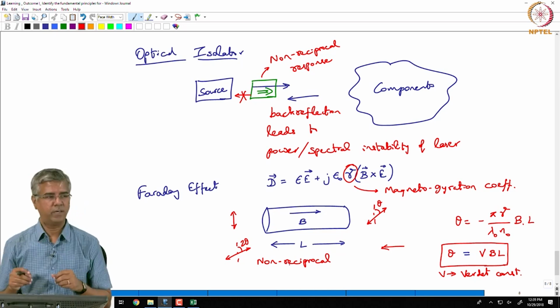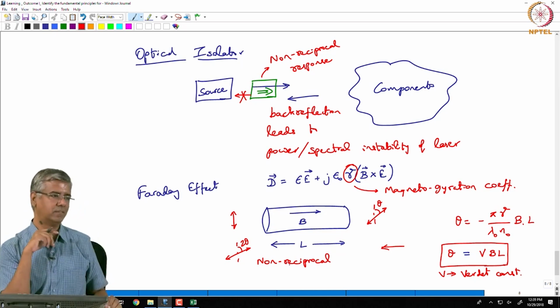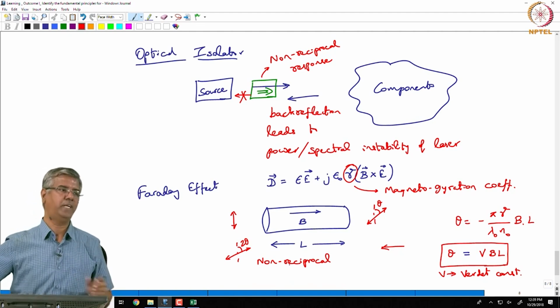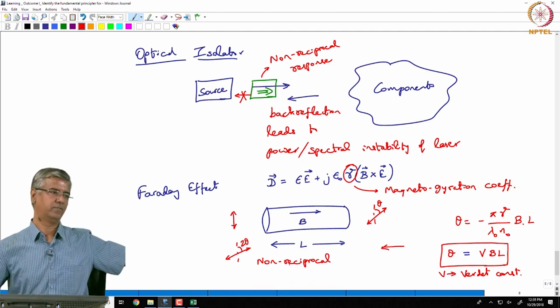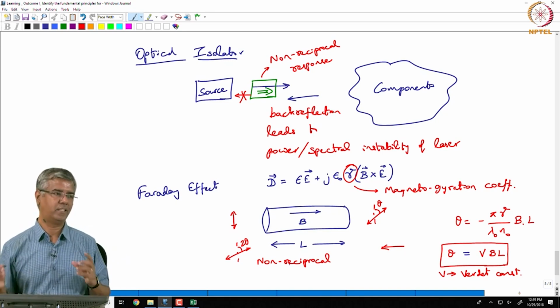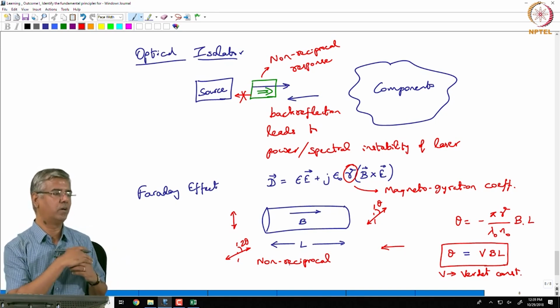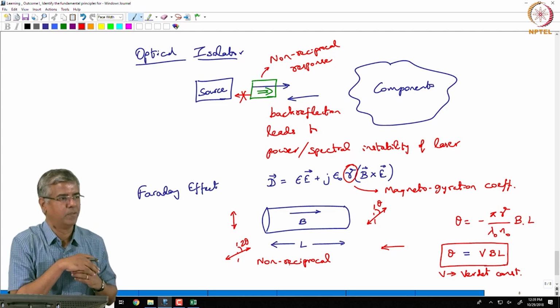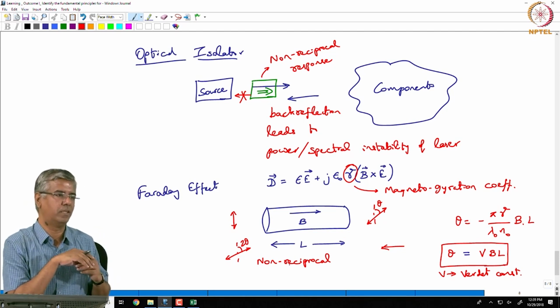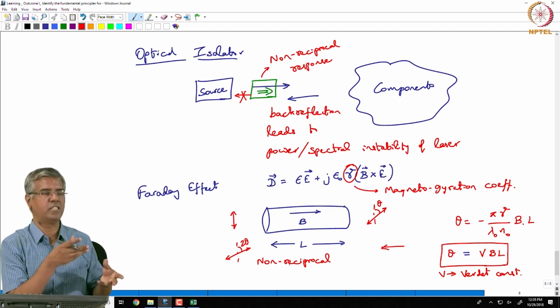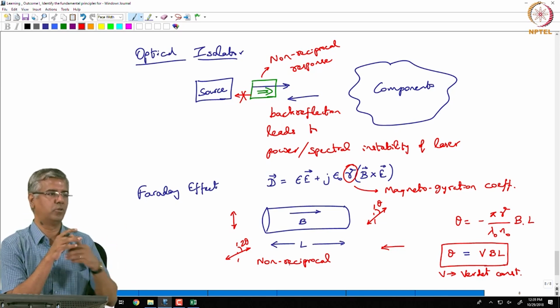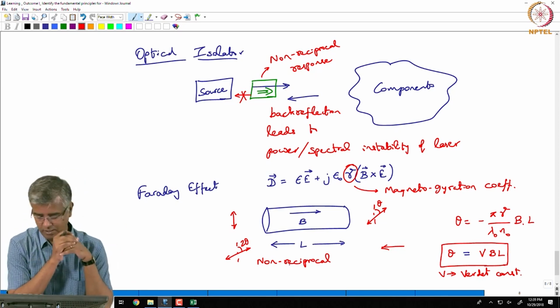Exactly, but now we are talking about reflected light. So, reflected light going from right to left, right. That reflected light would have gone to 2 theta because of this non-reciprocal nature. If it was a reciprocal device, it would have gone back to the original polarization itself.